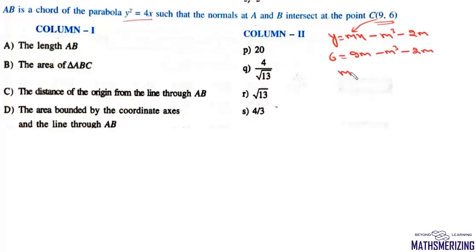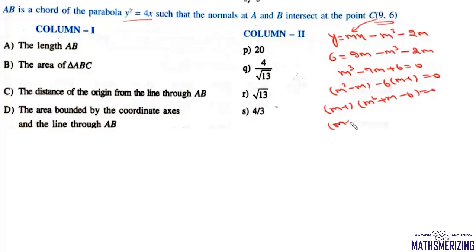So we can write this as m cube minus 7m plus 6 equals 0. So we'll write this as m cube minus m and then minus 6m minus 1 equals 0. So we can take m minus 1 common, and then we'll get m square plus m minus 6 equals 0.